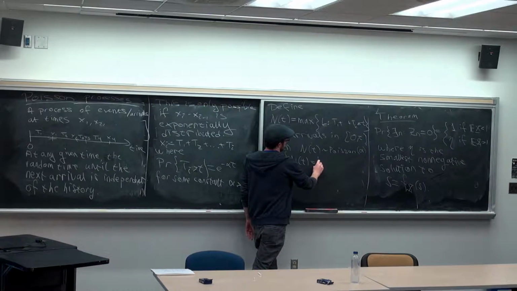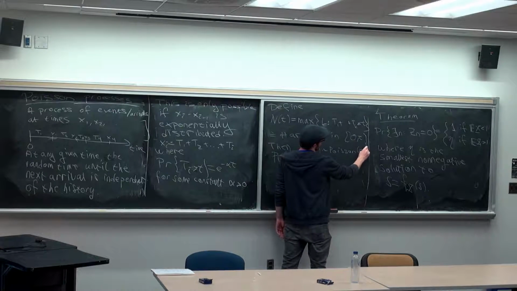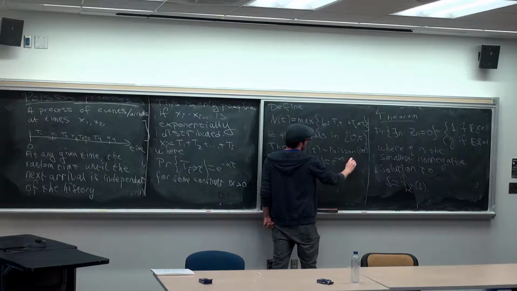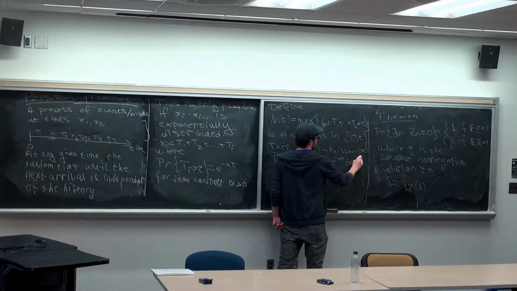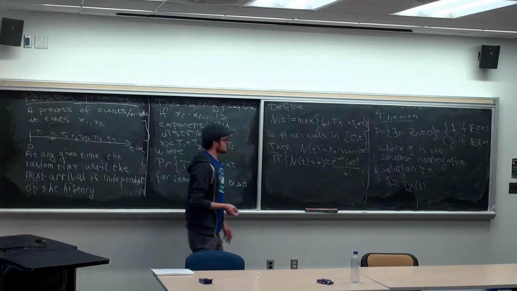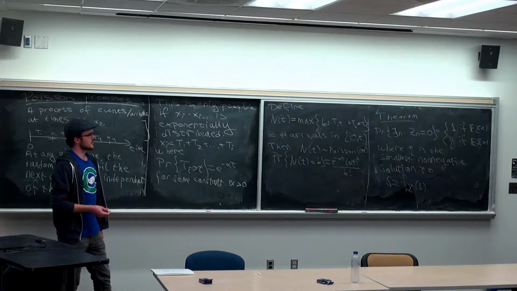The probability that this is k is going to be alpha times t to the k over k factorial, times e to the negative alpha t. So kind of exponential, like the geometric one, not really.